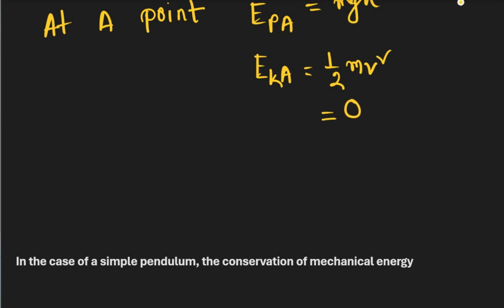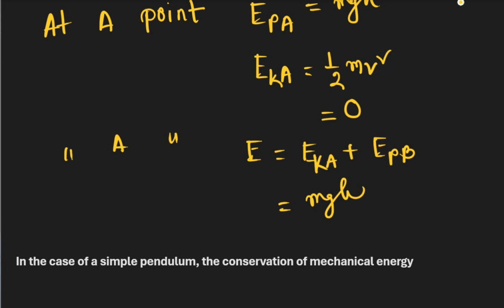So the total energy at A point equals EKA plus EPA, which is mgh.